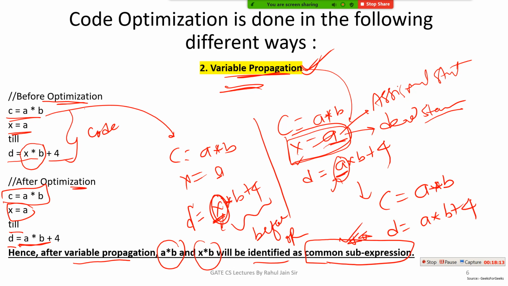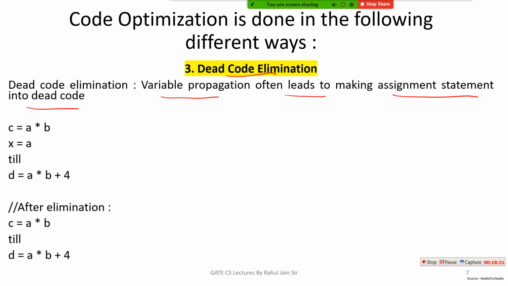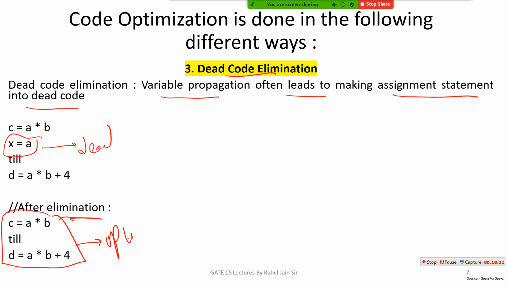Now there is no need of x, because we don't have x anymore in our code. That is why we consider x equals a a dead statement, and after elimination of this dead statement, our optimized code will look like this.